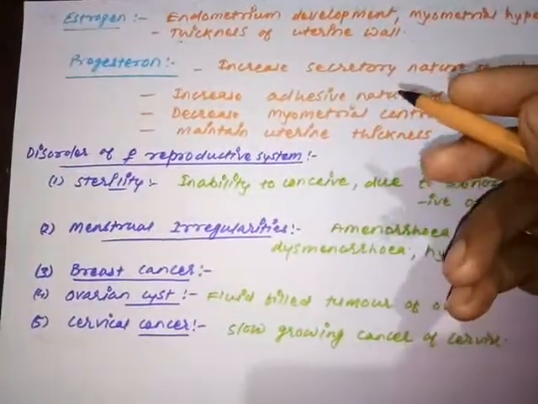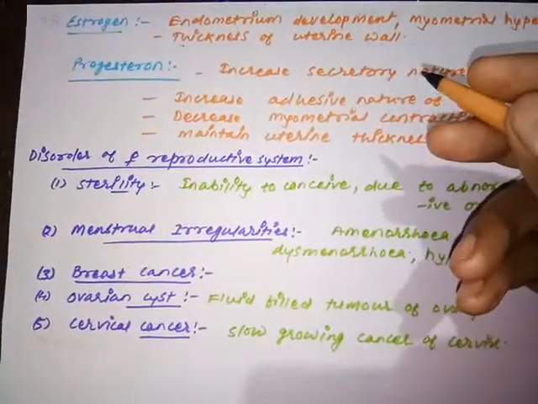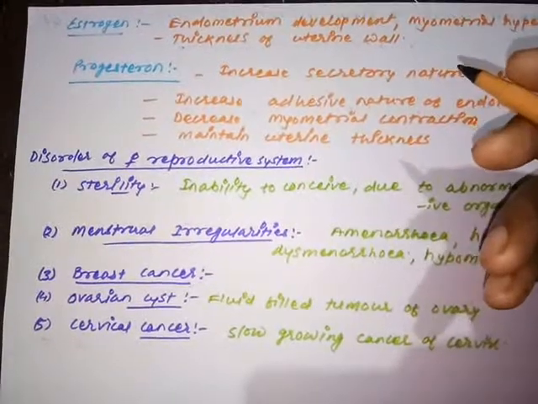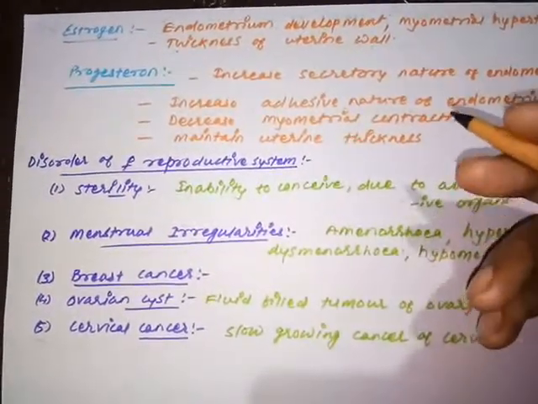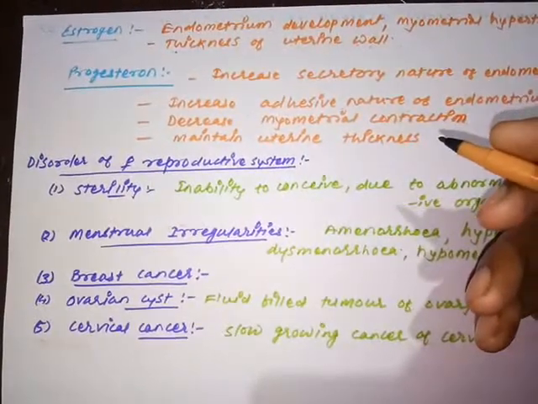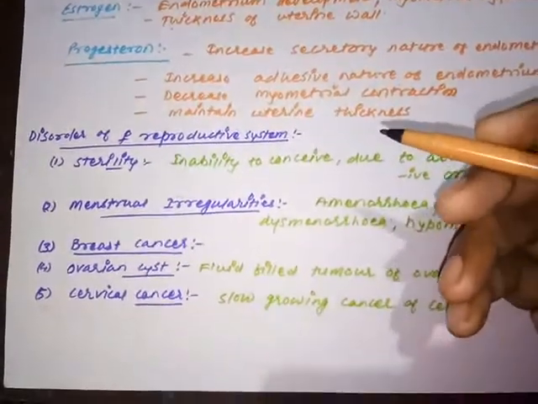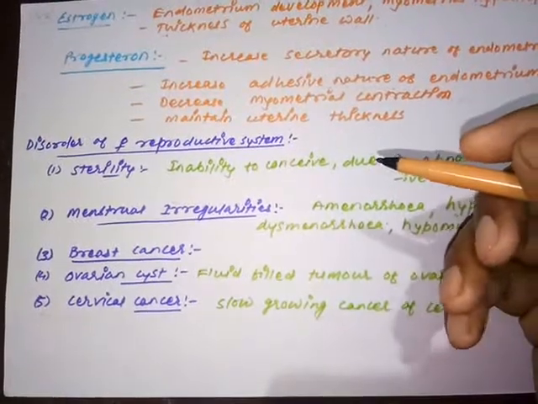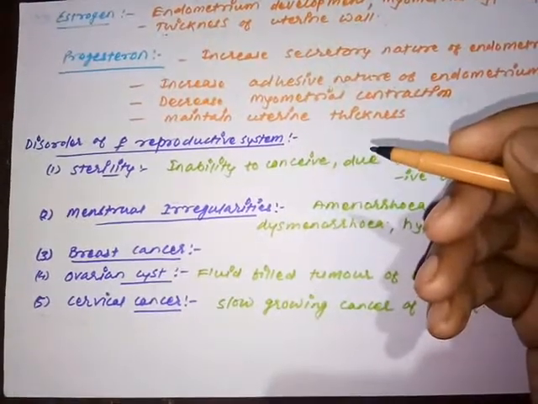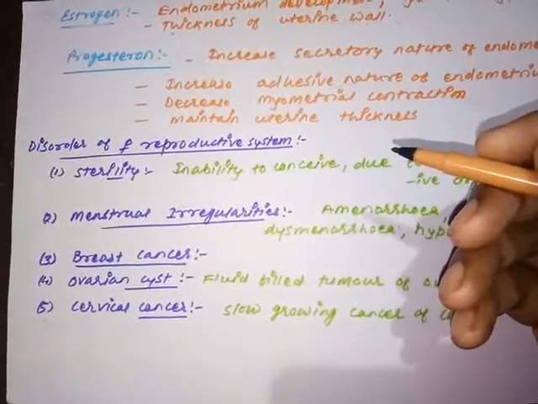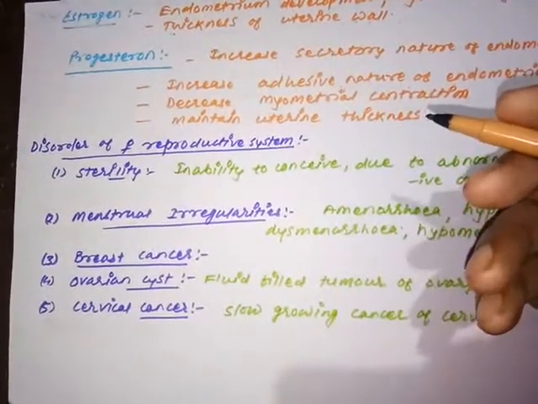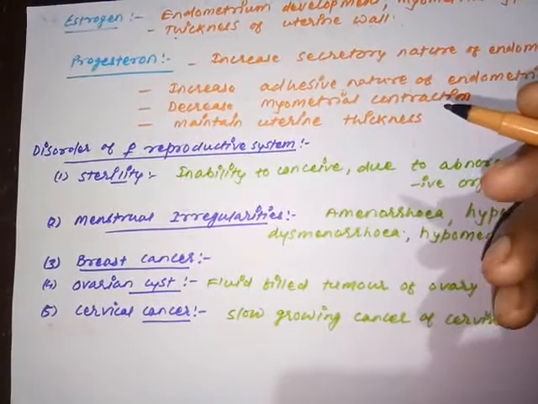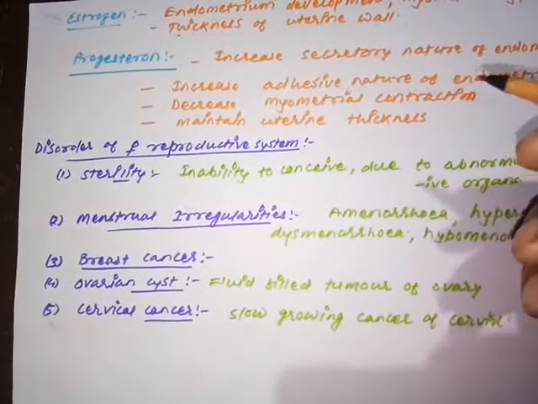Secondly, ICSH or LH acts on the Leydig cells. They release testosterone. The testosterone produces the secondary sexual characters and the development of secondary sexual structures. When it reaches the maximum level, it acts back on the hypothalamus and the anterior pituitary, so that it will stop the release, which is once again called the negative feedback or negative regulation of the male reproductive system.